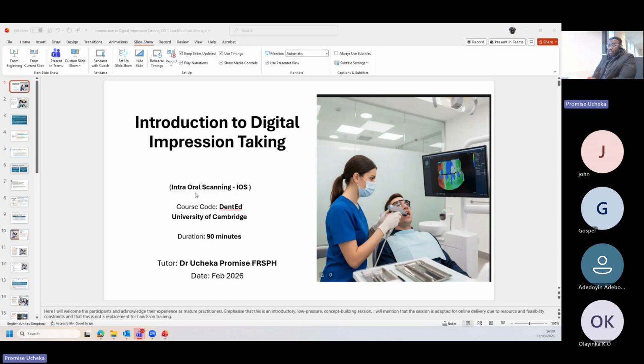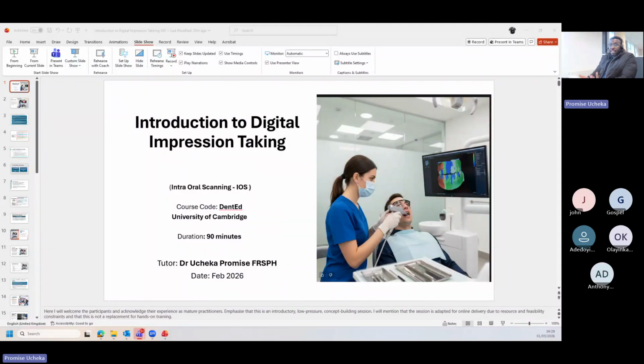So this is introduction to digital impression taking, in other words, intraoral scanning. We will be using digital impression taking and intraoral scanning interchangeably, or just abbreviated IOS, which stands for intraoral scanning.